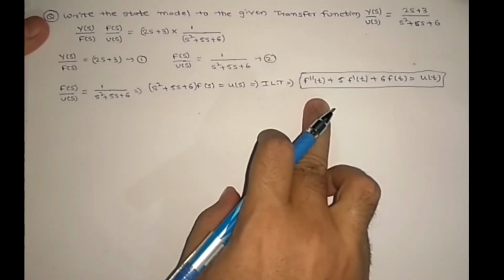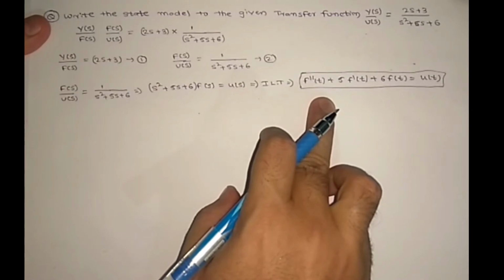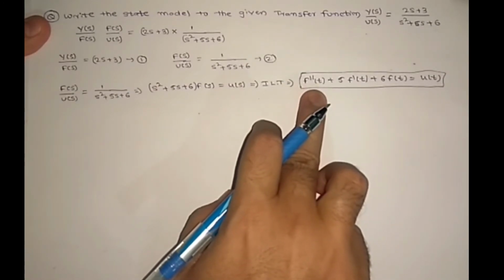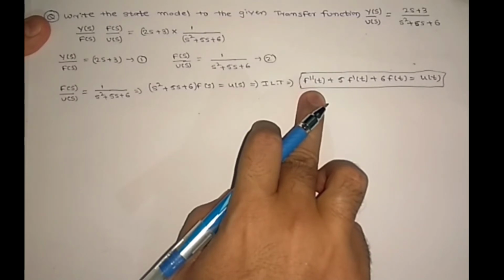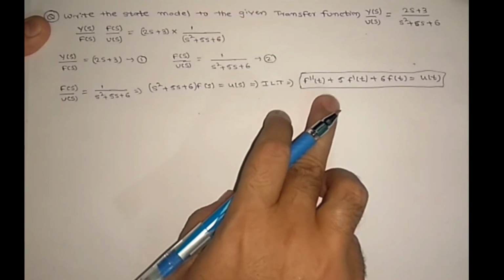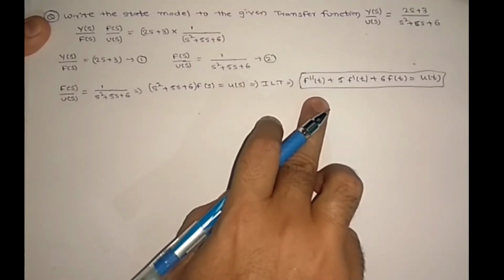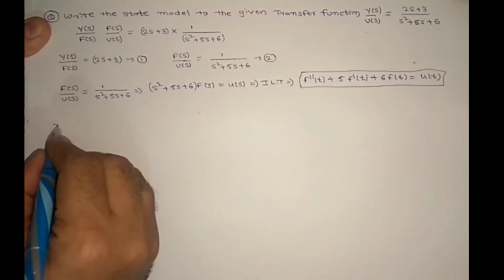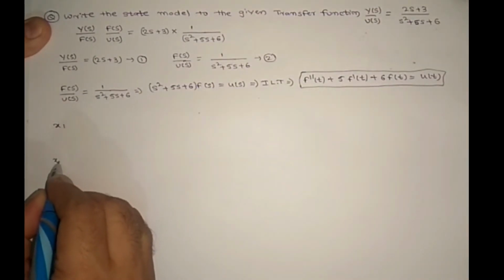Now you know how to solve this, right? It is the same here, a second order differential equation. So we need to take two state variables, because the number of state variables equals the order of the differential equation. I am taking two state variables, x1 and x2.